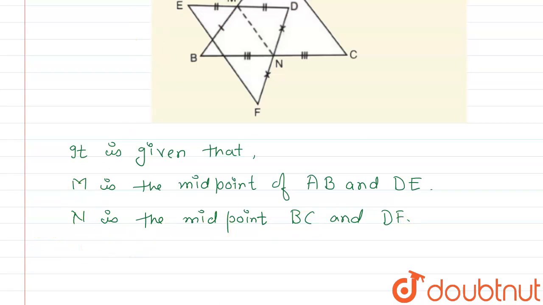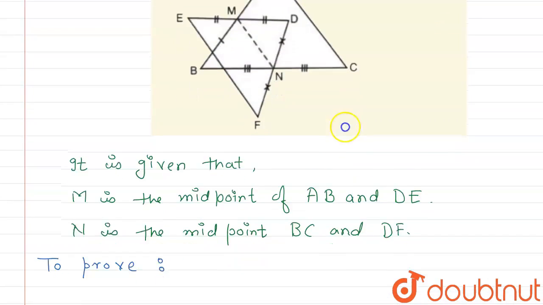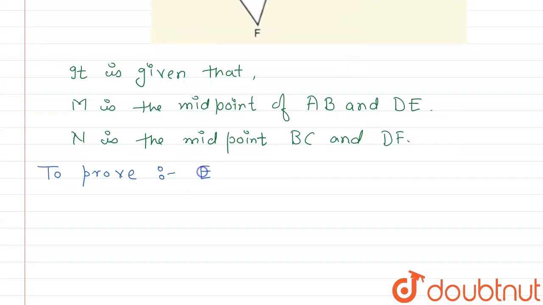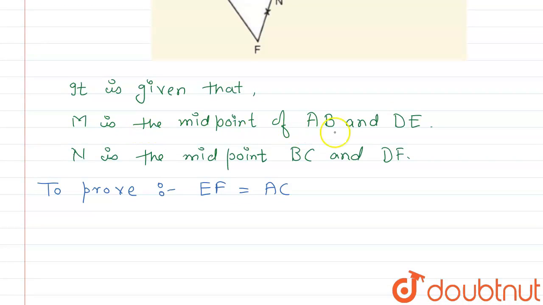Here we have to prove EF is equal to AC. So let us start the solution. It is given that M is the midpoint of AB and DE.